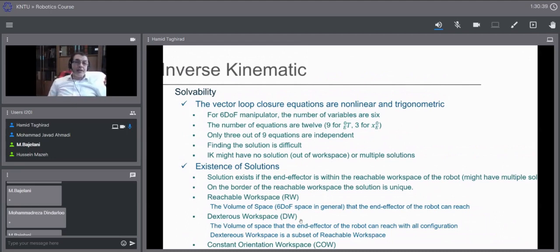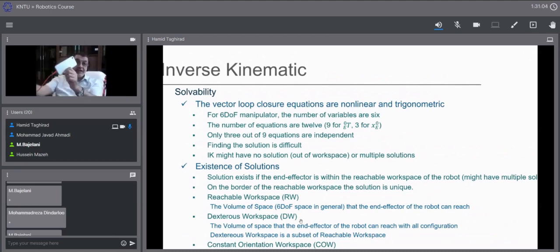Then we have another thing, and this is my final word, which is called the dexterity space. Dexterity space: the volume of space that an end effector of the robot can reach with all configurations. It is very important that if I can get this point, I can get it in all directions, all orientations.